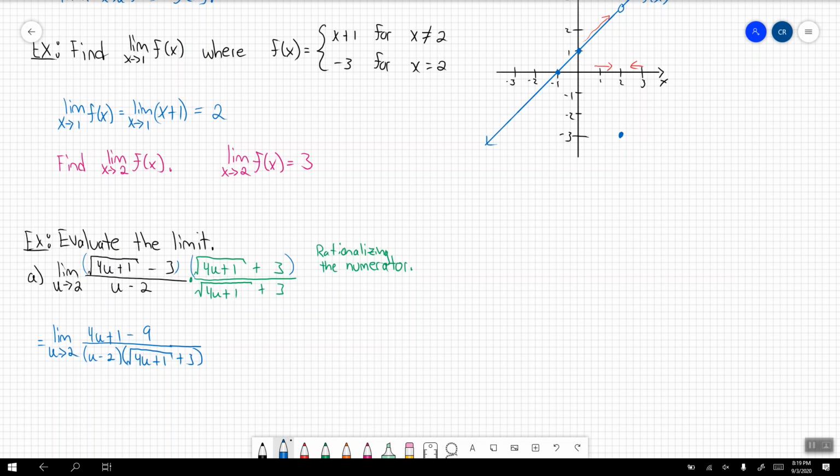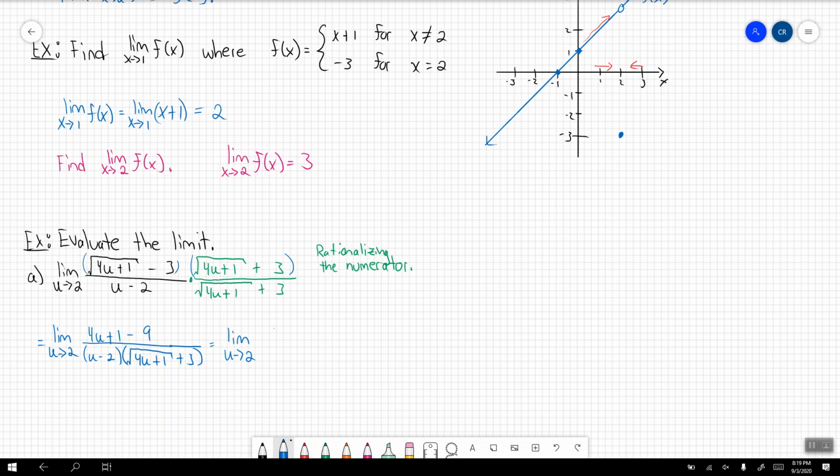Oftentimes you will be able to factor and simplify, and if you already distributed, then you're going to have to undo that to factor in order to simplify it. So it might take you a few more steps if you do distribute, and that's why we want to stay away from that distribution.